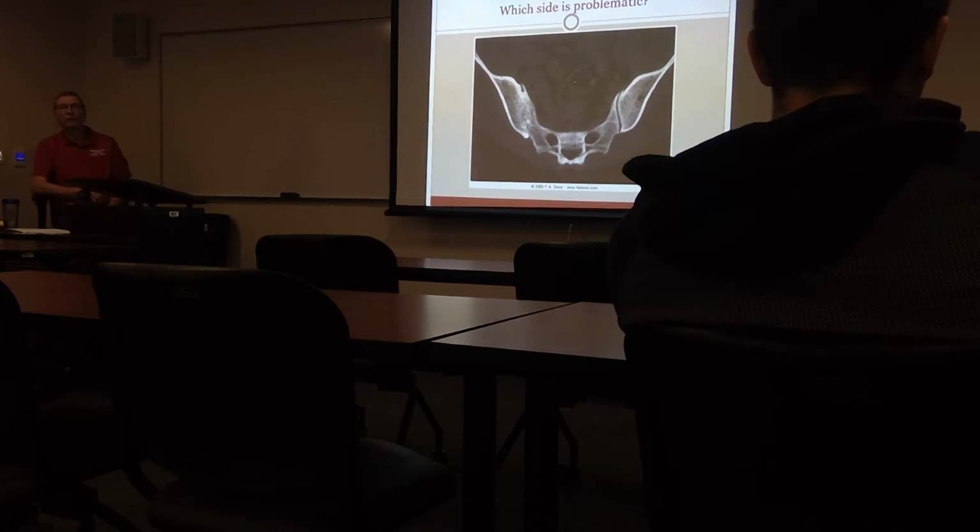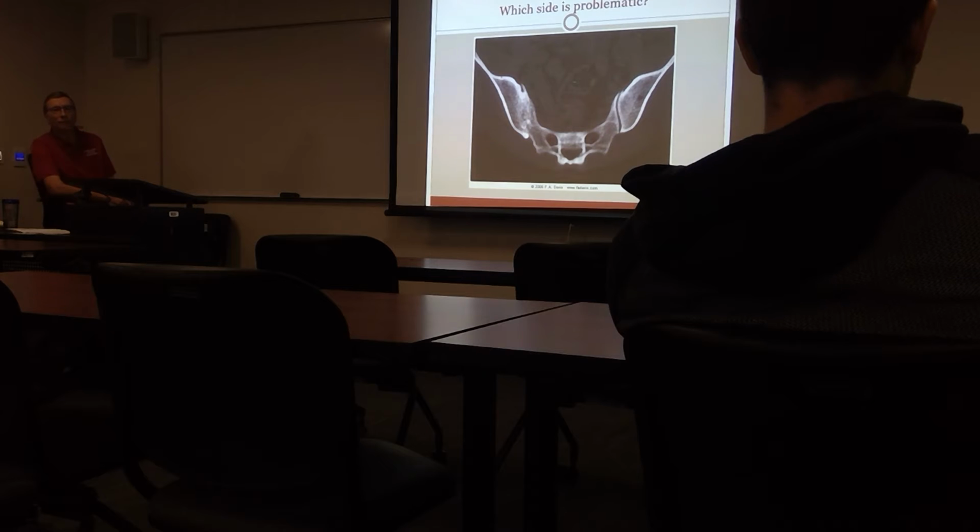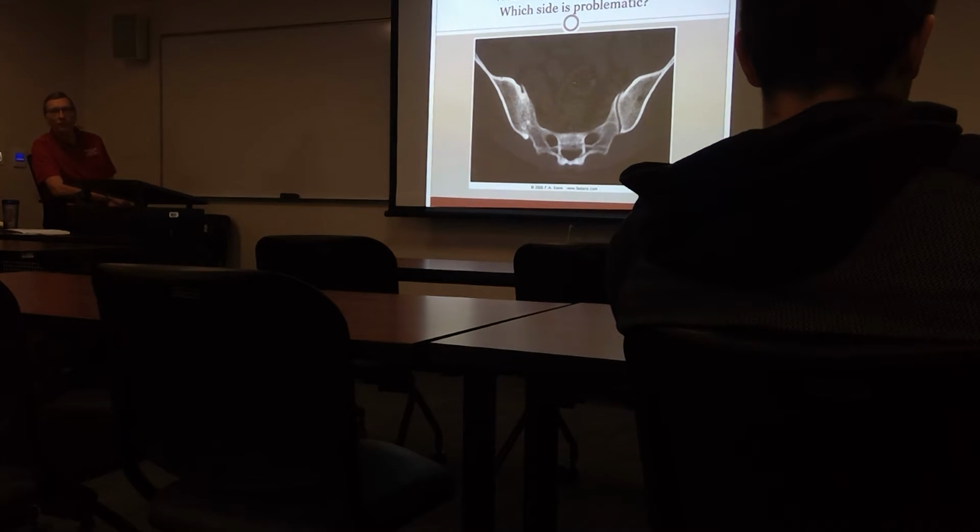From what you remember from the SI joint lecture, what SI diseases can cause obliteration of the SI joint? What are your top 3? Ankylosing spondylitis. Another one that's bacteria related.